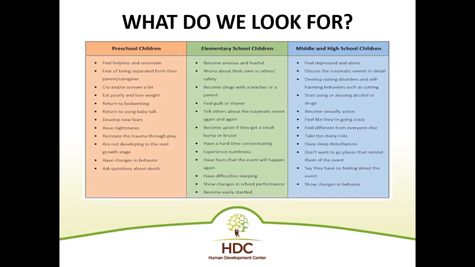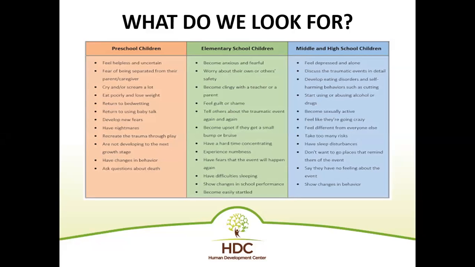And then for elementary school kids, you might see them becoming more anxious and fearful, worrying about their own safety or others' safety. You might see them becoming more clingy with a teacher or parent. They might feel guilt or shame. They might tell others about the traumatic event again and again.